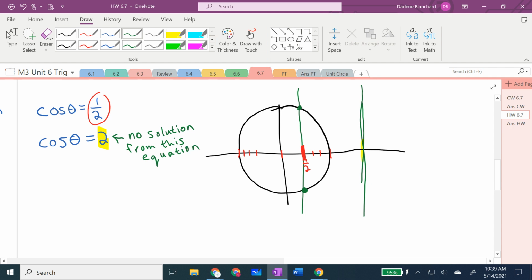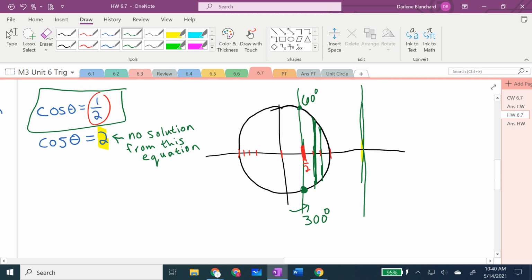But I have 2 equations. While there's no solution to that one, there are solutions to this one. And based on being equal to 1/2 and understanding where these two are, this is your 60-degree angle, and this one is 30 degrees after 270.